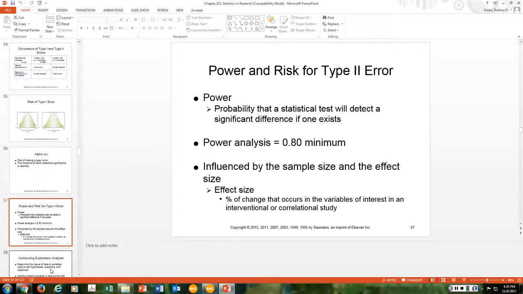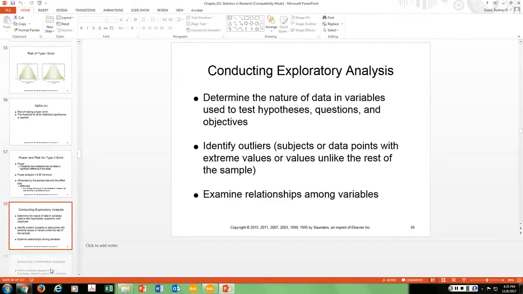And the cutoff value for power is 0.8. That's a minimum. And it's influenced by the sample size and the effect size. The effect size is the percent of change that occurs in the variables of interest in an interventional or correlational study.